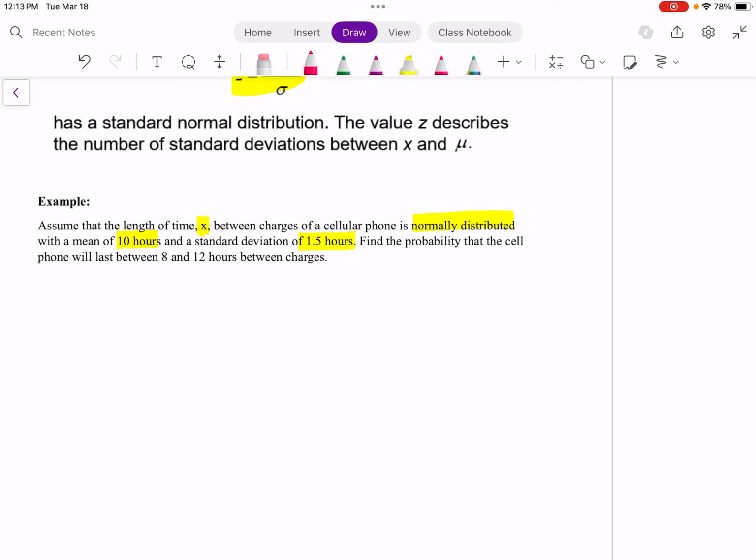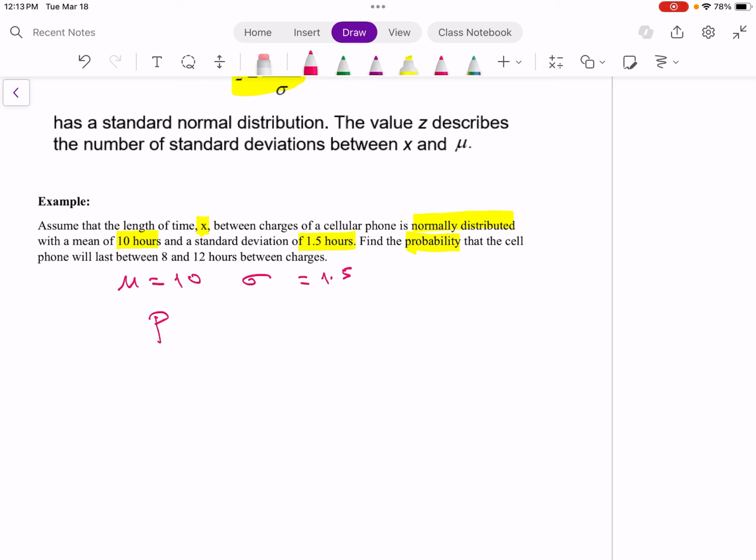So our mean mu is 10 hours, standard deviation is 1.5 hours. Find the probability that the cell phone will last between 8 and 12 hours between charges. Now, how do we write this as a mathematical statement?